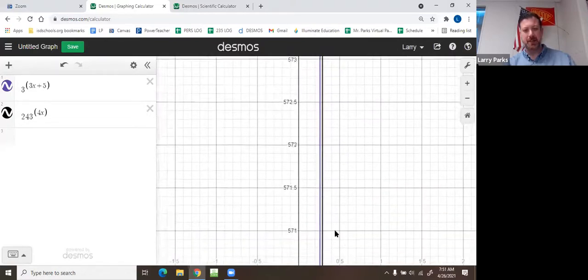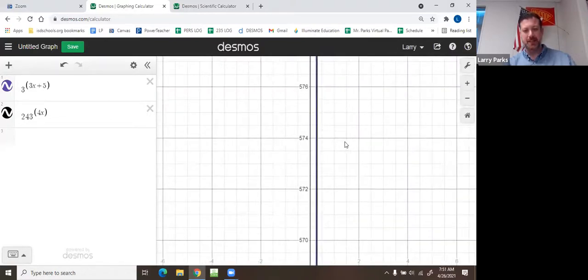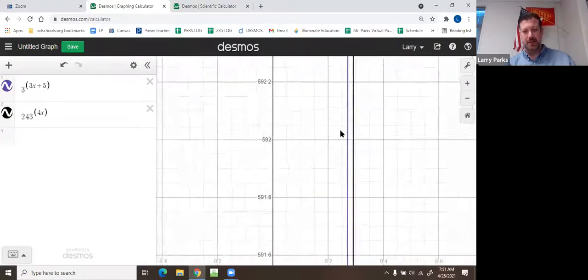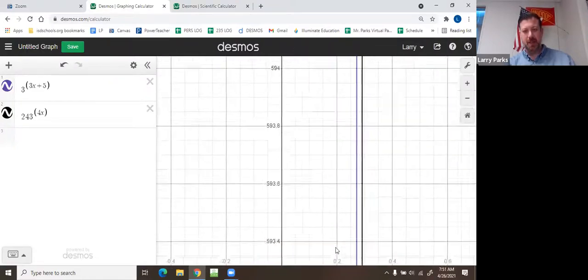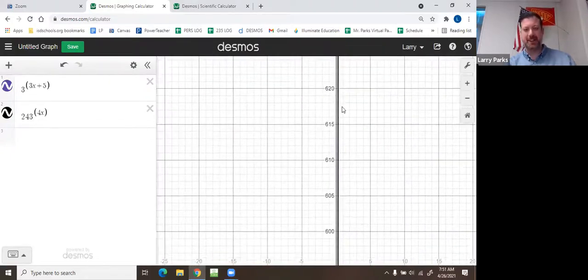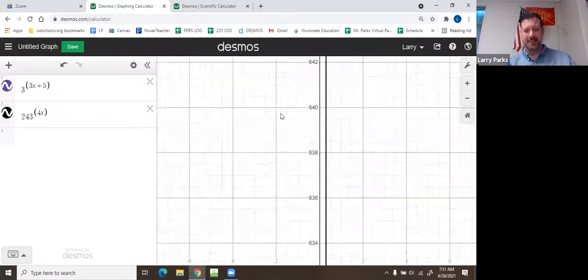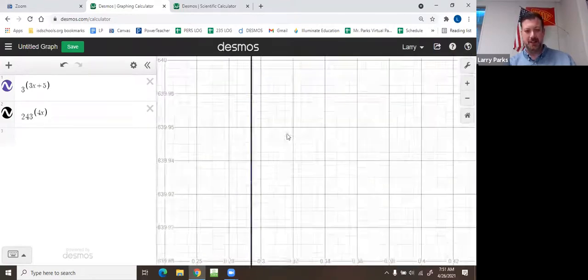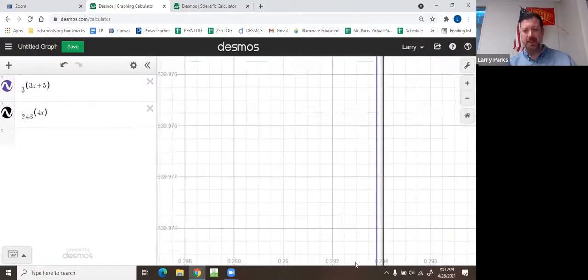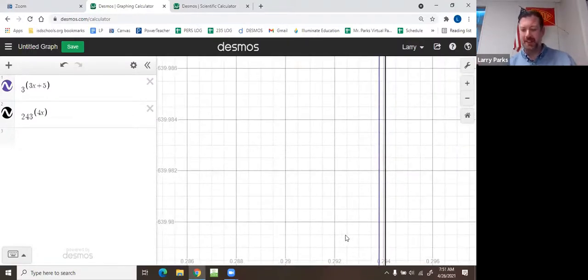Sometimes I think algebraically is easier. See, they look like they cross there. Get closer. And then eventually they cross. I don't have all day to do this, so I'm just going to solve this one algebraically.